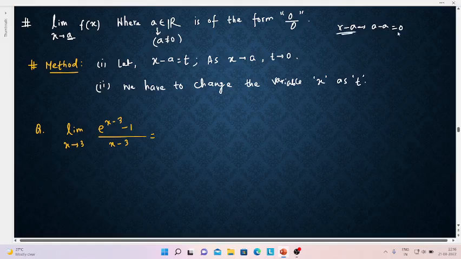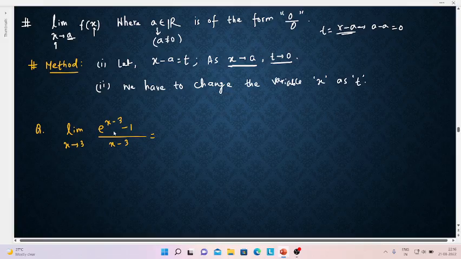So x minus a tends to 0, so t equals x minus a also tends to 0. So as x minus a equals t, x tends to a implies t tends to 0. So we have to change the variable x to t, right?